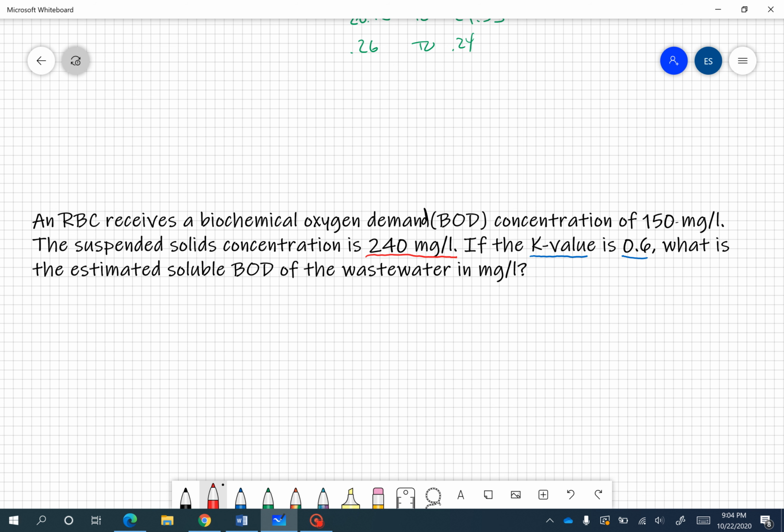When I was writing up my made-up question, I didn't do the math before I typed it up. So I'm going to change this number to 190, and you'll see why when I finish the problem. If the K value is 0.6 and the suspended solids is 240 milligrams per liter, we are going to use that to calculate an estimated particulate biochemical oxygen demand, and we do that through simple multiplication.